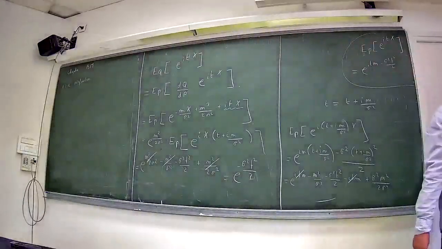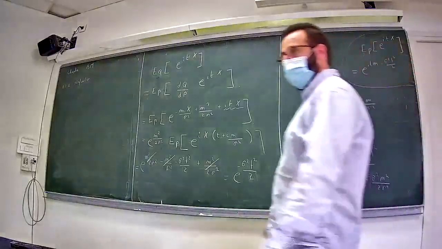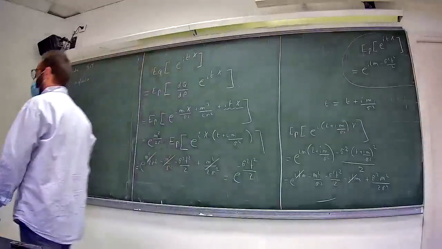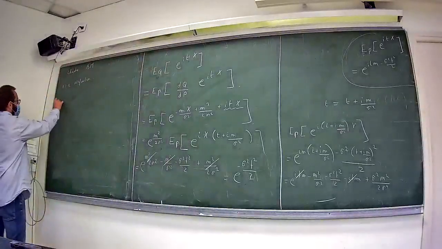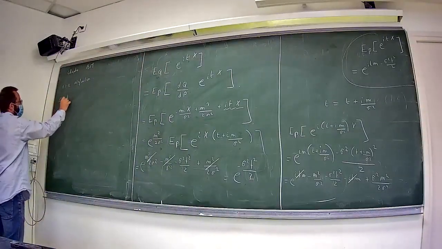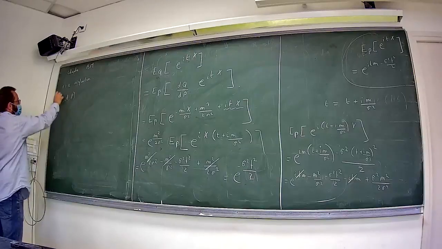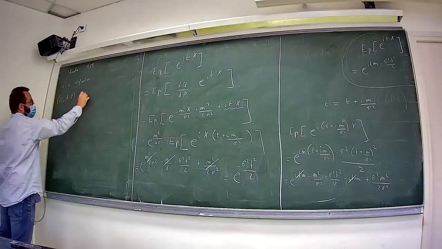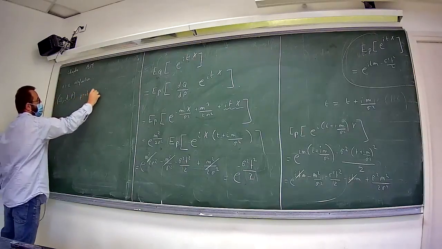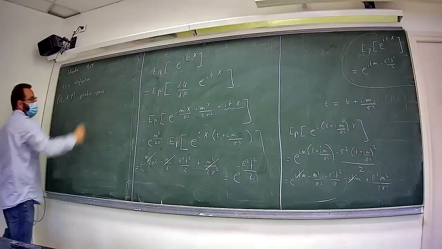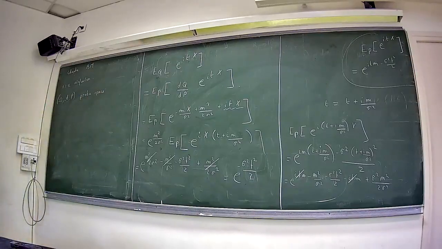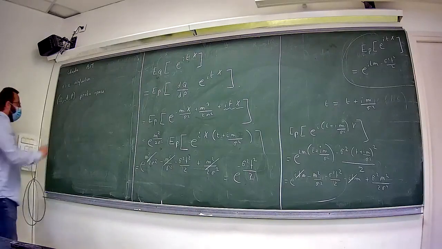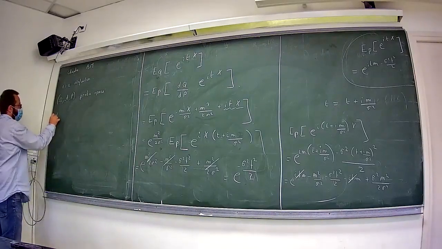So I start, as usual, from a probability space on which I will define all my random variables. This (Omega, F, P) will be fixed in the whole chapter. Okay. And I define the Brownian motion, this is definition 1.1.